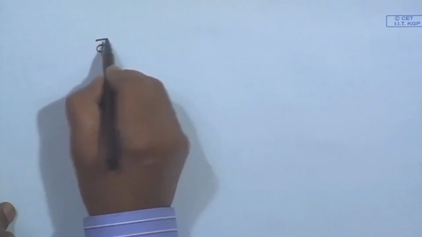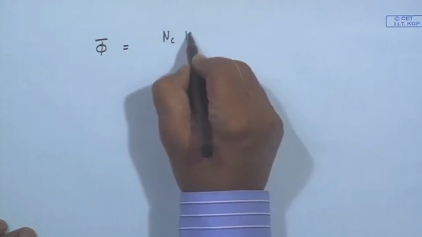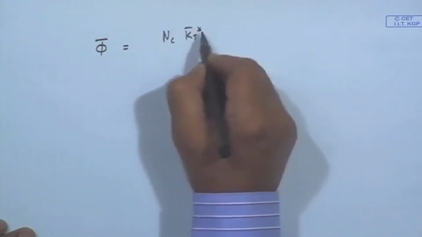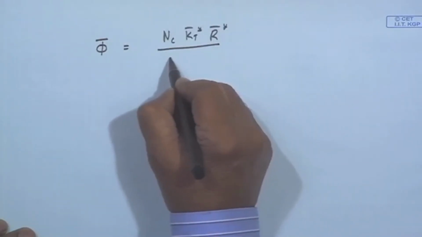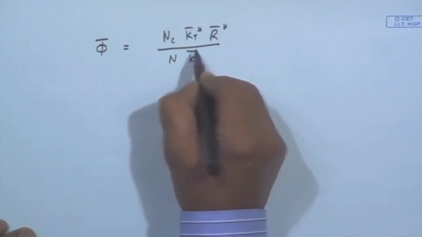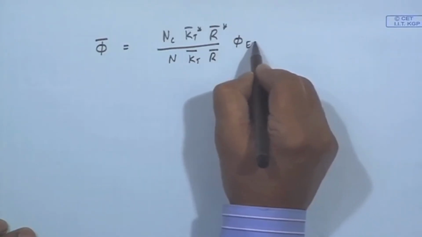From this you can easily calculate phi bar if phi EMD is known. So, which we already have got, phi bar should be simply NC KT bar star R bar star by N KT bar R bar into phi EMD.